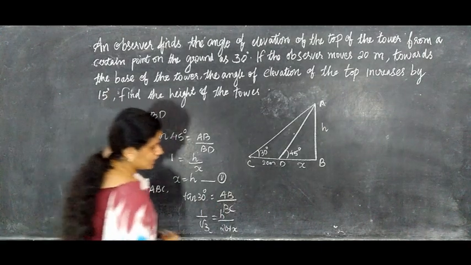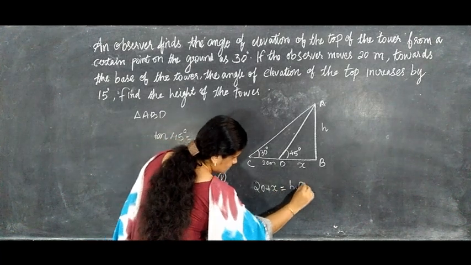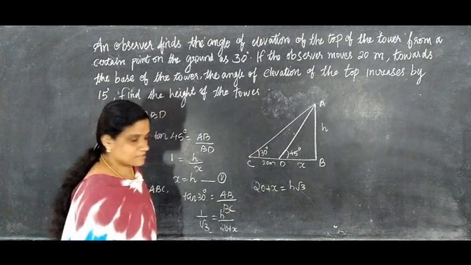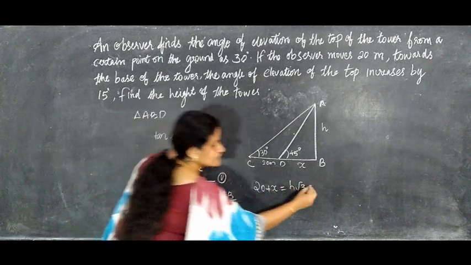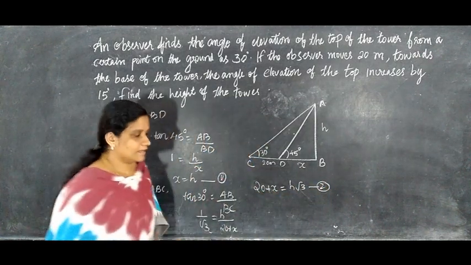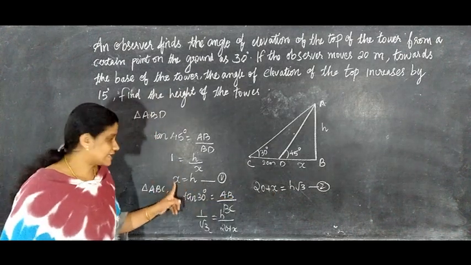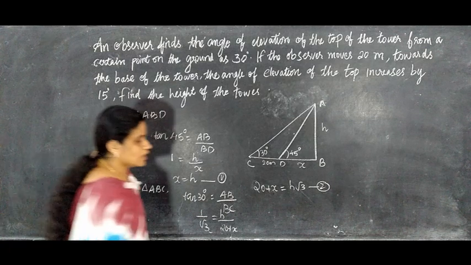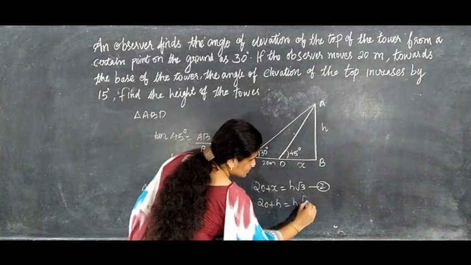So from here, how can you write? 20 plus X is equal to H root 3. Yes, children. Here, this is equation number 2. And here, instead of X, can we write H? Because X is equal to H, is it? So how can you write 20 plus H is equal to H root 3.